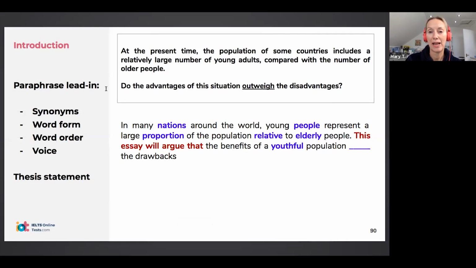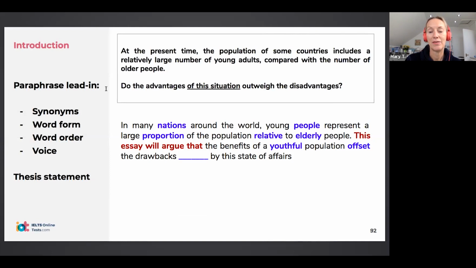Something the drawbacks. Okay, so the drawbacks is another word for disadvantages. Yeah, I mean, outweigh, it has the meaning of outweigh, but we just need a different word there. So I'll give you it because I don't think anyone's getting it. Offset. Offset the drawbacks.